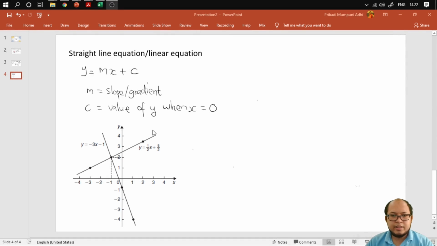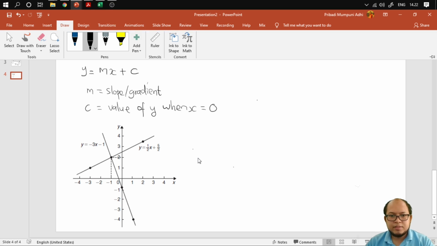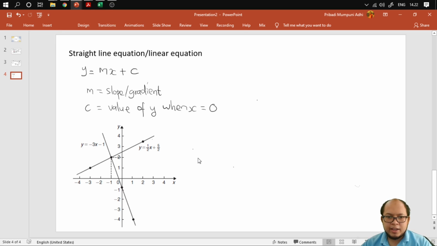Okay, let's see these two equations. The first equation, I have y equal to 1/2 x plus 5/2.